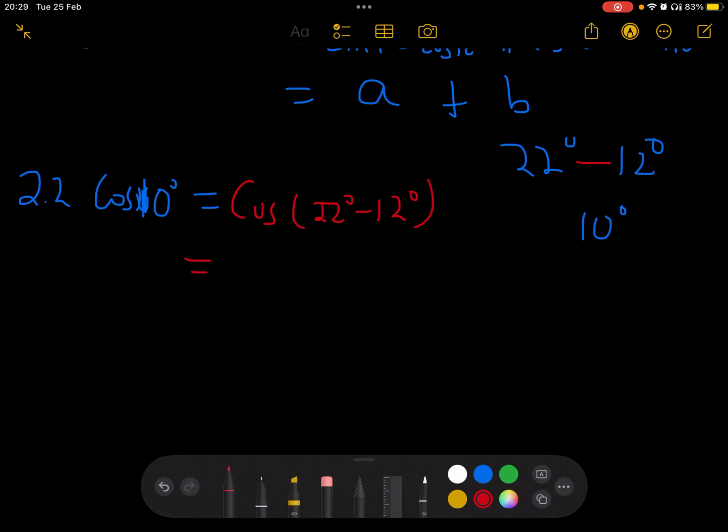Therefore, the compound angle formula for cos, for two angles being separated, says cos of alpha minus beta is equal to cos alpha cos beta plus sine alpha times sine beta.